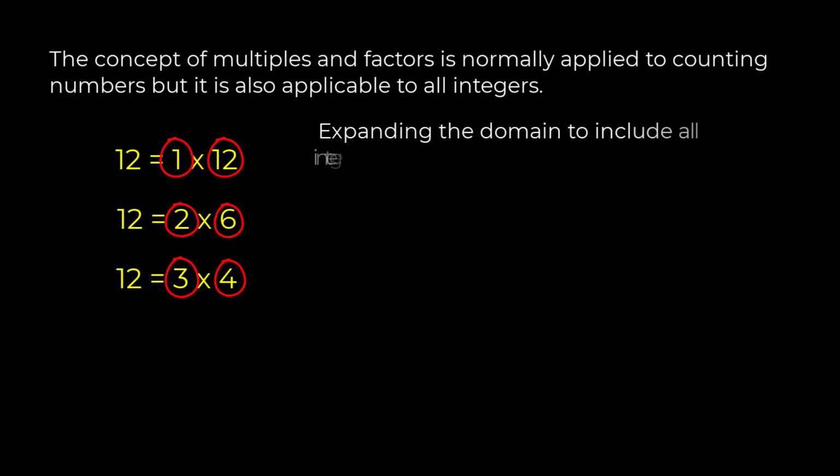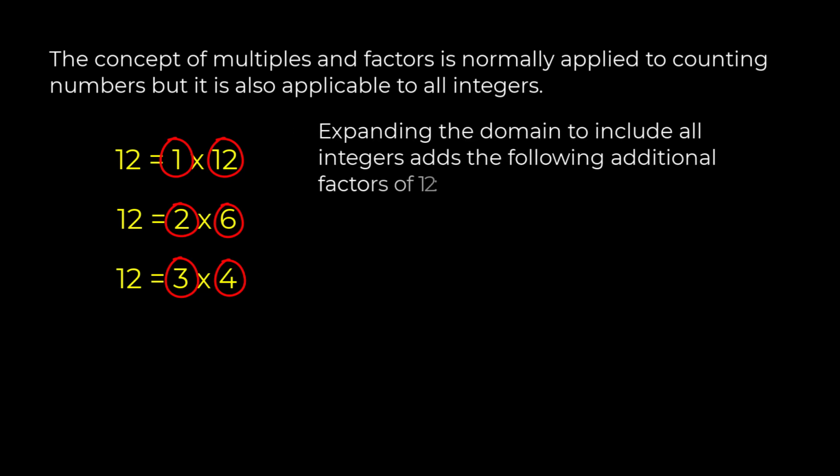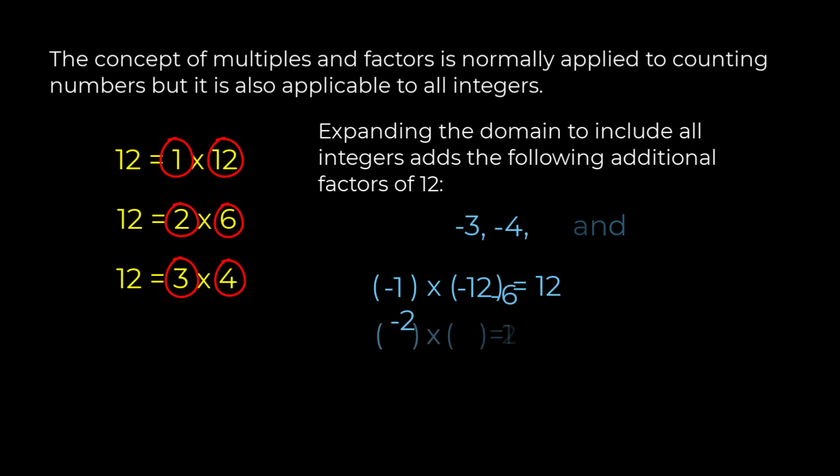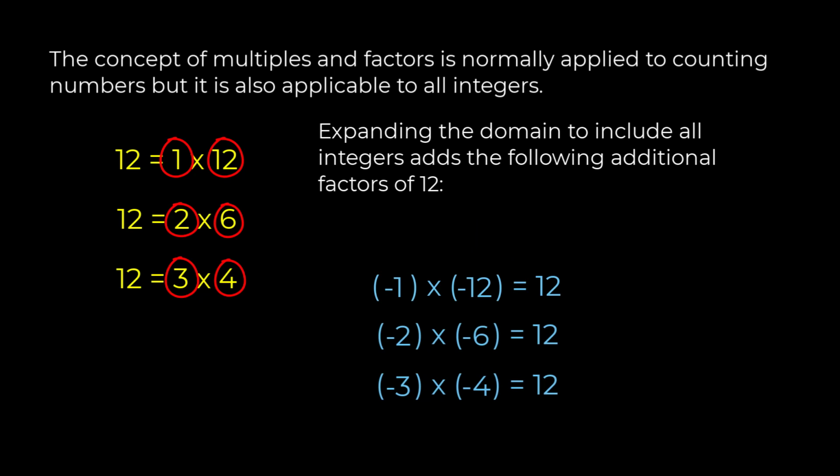If we expand the domain to include all the integers, then -1, -2, -3, -4, -6, and -12 are also factors of 12, since -1 times -12 equals 12, as does -2 times -6, and -3 times -4. There will be applications in algebra we have yet to discuss, for example, solving quadratic equations, where it will be important to keep that in mind.